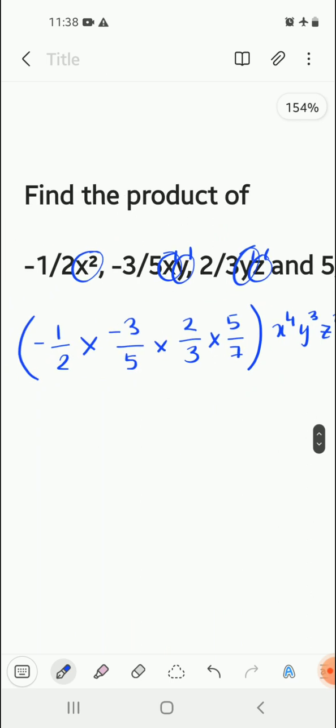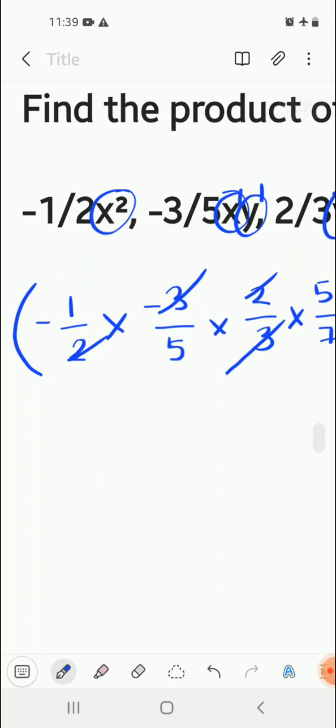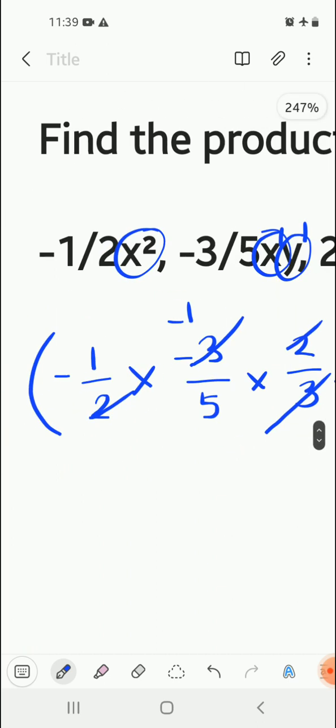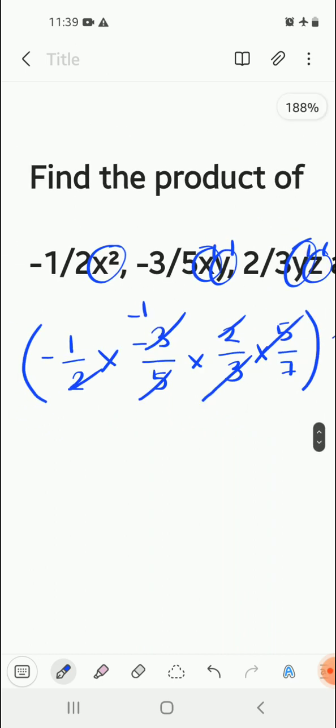After this is done, we are going to simply check whether it's possible to cancel out anything or not. Here you can see 2 gets cancelled from this 2, this 3 gets cancelled from this 3. Remember, always write this minus 1 so that we do not make any mistakes. After this, 5 gets cancelled out from here, and finally we are left with minus 1, that becomes plus 1, and over here we have 7.